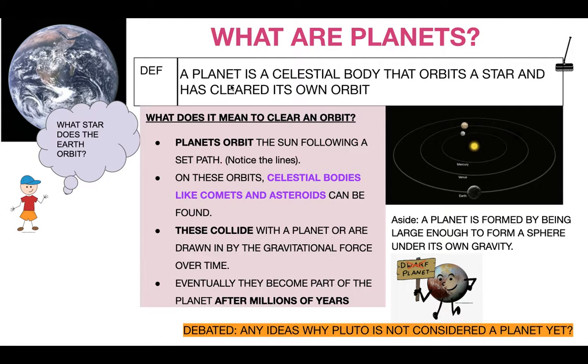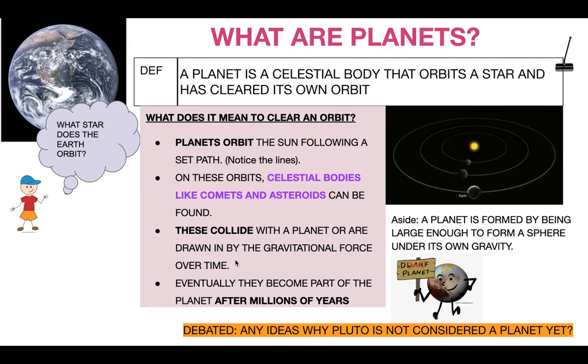And the other key thing that would characterize a planet is that it has cleared its own orbit. That means that as the planet goes around on this orbit, represented by the line, it has removed debris, it has removed asteroids and comets and meteors out of its way. That's why we represent this with a brush, the fact that it has cleared its orbit.